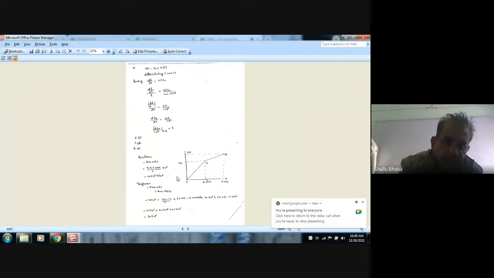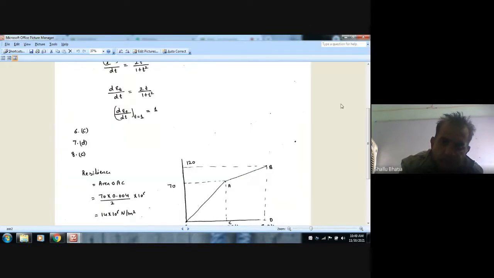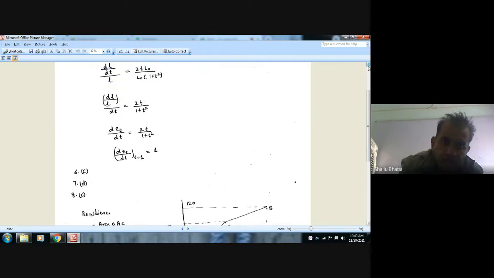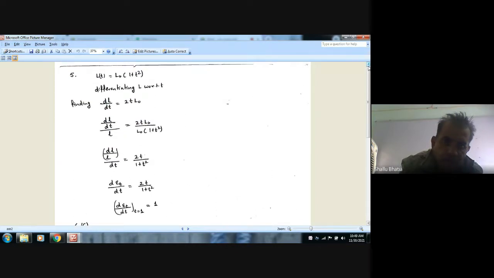So this is the expression for length: L is equal to L naught into (1 plus t square). Differentiating, dL by dt is change in length per unit time, so it will be 2t L naught. Now if we divide dL by dt by L, the instantaneous length, we can find out strain.